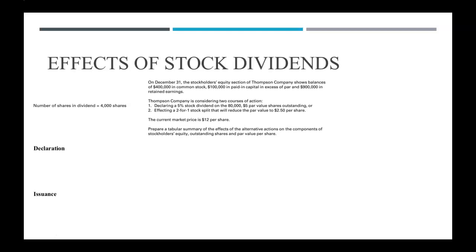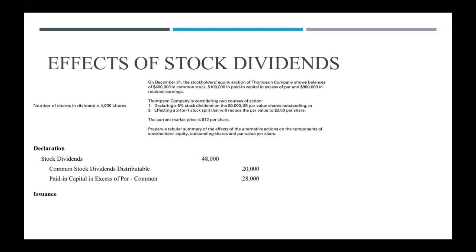So we can now use that information to prepare the journal entries for the declaration and the issuance of this stock dividend. For the declaration, we debit stock dividends and credit common stock dividends distributable and paid-in capital in excess of par. Now, how do we get these numbers?